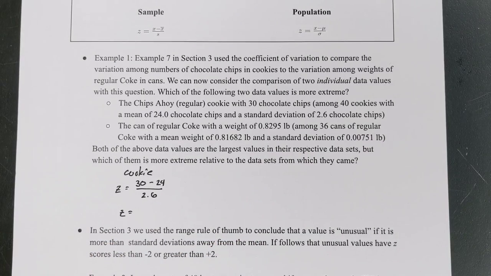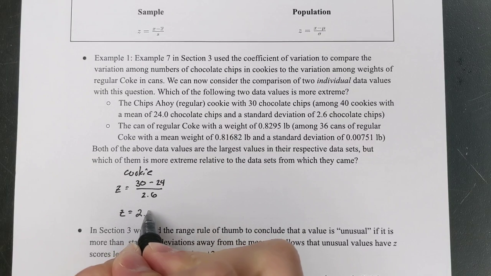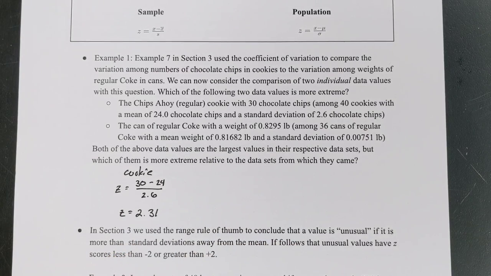Let me grab my calculator. 30 minus 24, divided by 2.6. This comes out to be a z-score of 2.31. Typically we round z-scores to 2 decimal places.